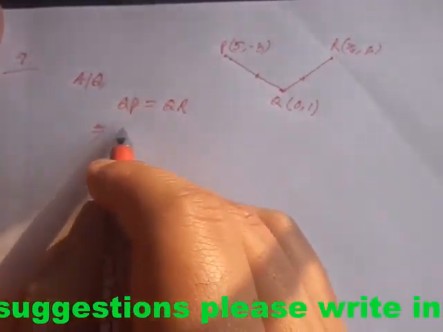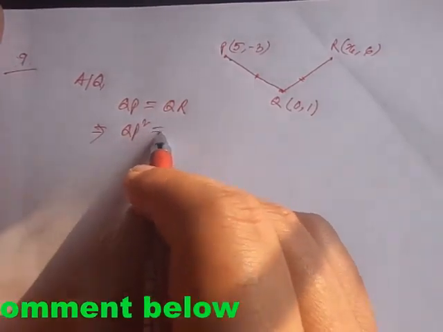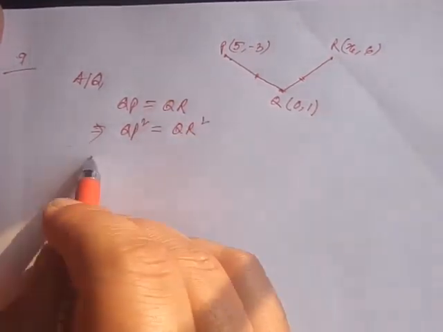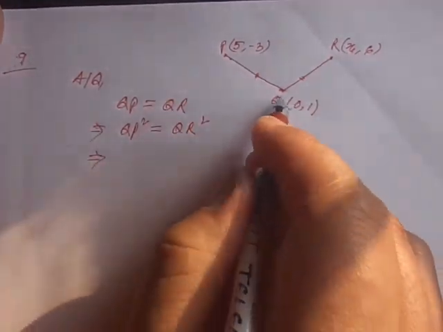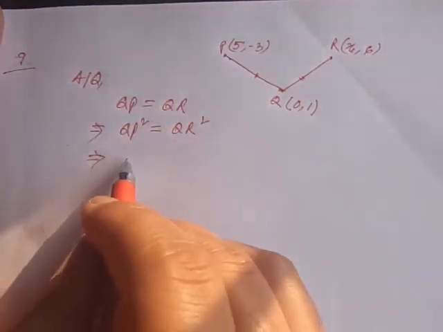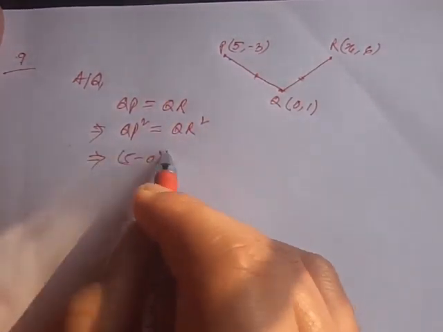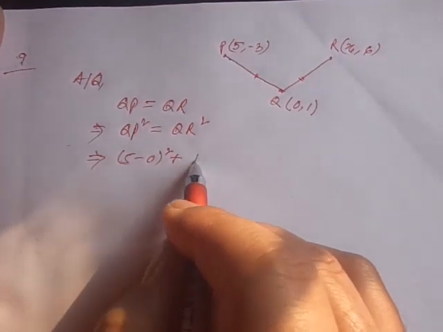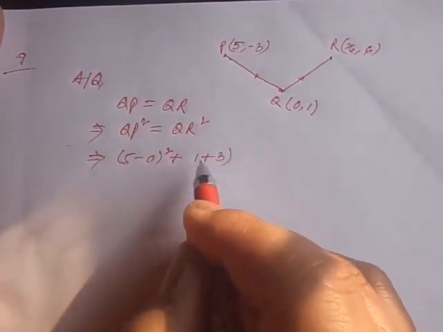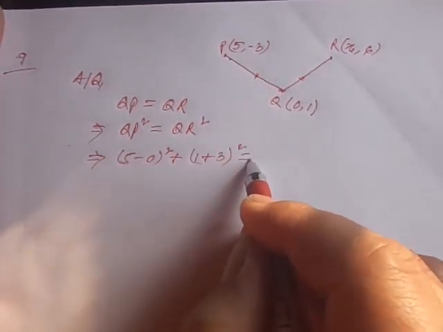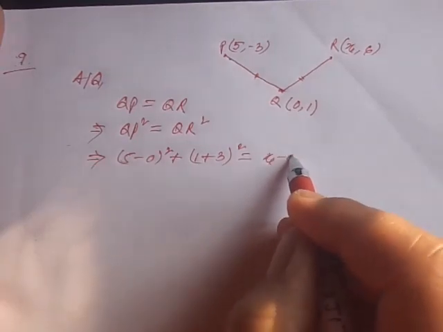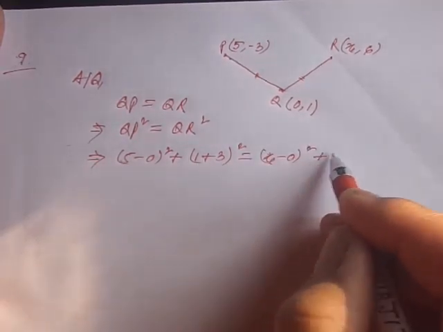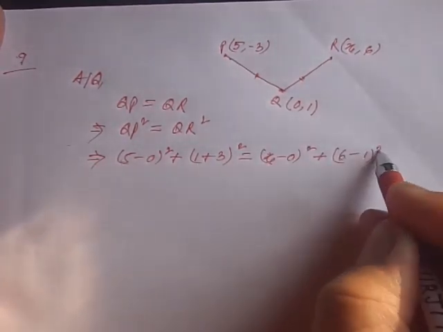If we square on both sides, then QP square equals QR square. If there is a square, we can use it without the root. So we can write 5 minus 0 whole square plus 1 plus 3 whole square equals QR, so x minus 0 whole square plus 6 minus 1 whole square.